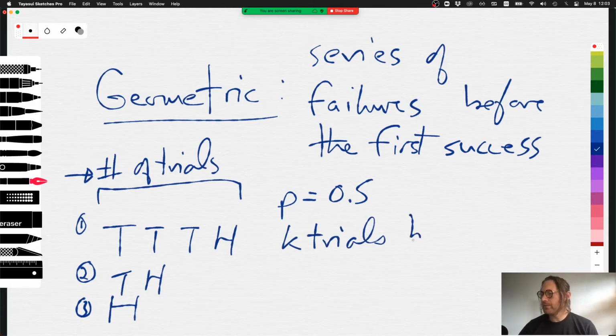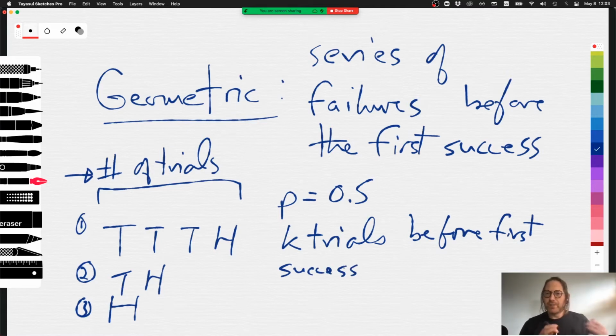Okay. So even though we have this Bernoulli process under the hood, just like binomial has a fixed number of trials, geometric has a varying number of trials, and in fact, we're focused on the number of trials it will take to get the first success.